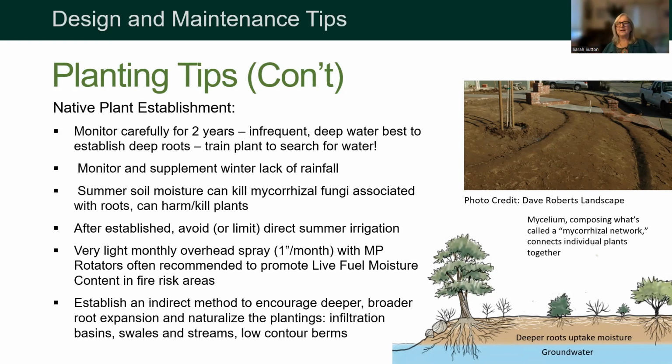And there is one other technique that is used by people who are doing landscaping work in fire-prone communities. There's been a lot of research on this, and it seems to really help. It's called maintaining the live fuel moisture content of your plants. And you use an MP rotator to just lightly spray the garden once or twice a month, just very lightly, like an intermittent summer rain.